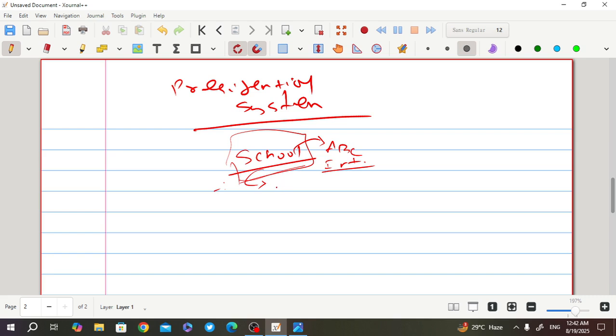Many students study here, so they decide their leader directly. There is no student council here. They elected their head directly, and this head has some fixed term.